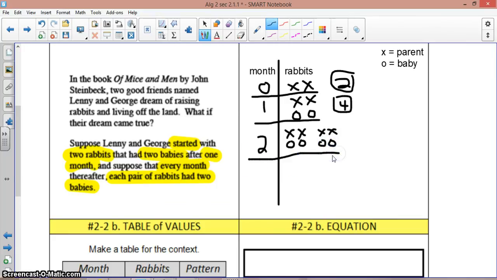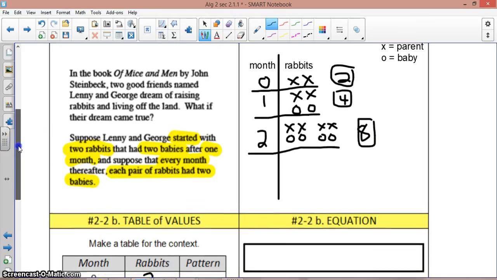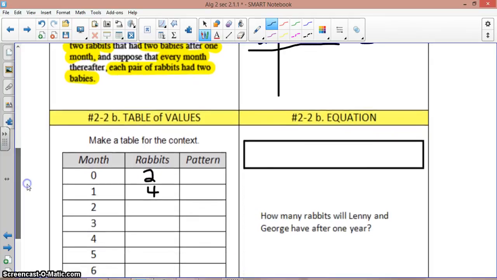So if we look just at month 2, we have 4 parents, 4 babies, for a total of 8 rabbits. So we go to our table, and at 2 months we have 8, and now we can clearly see that the pattern is multiplying by 2.